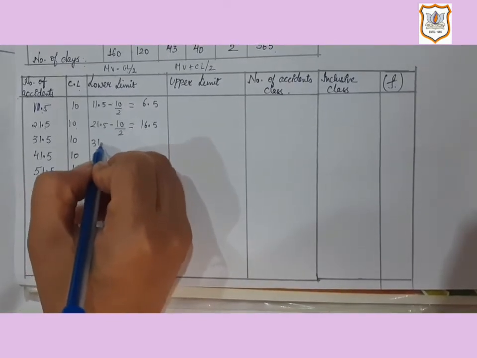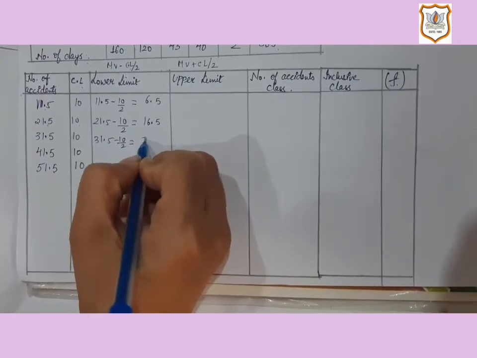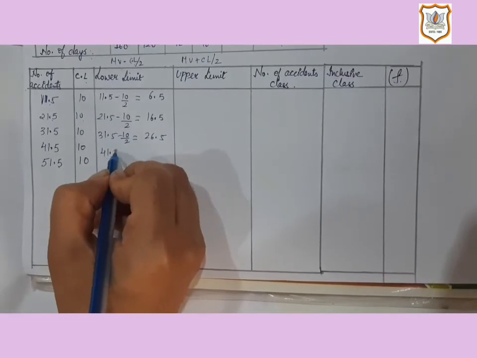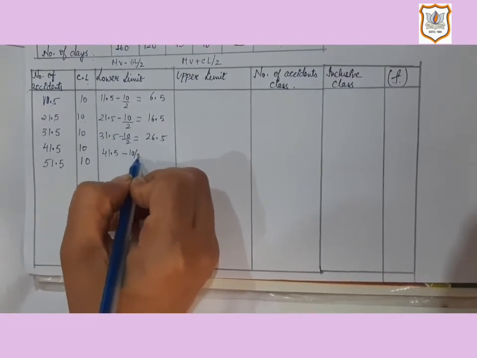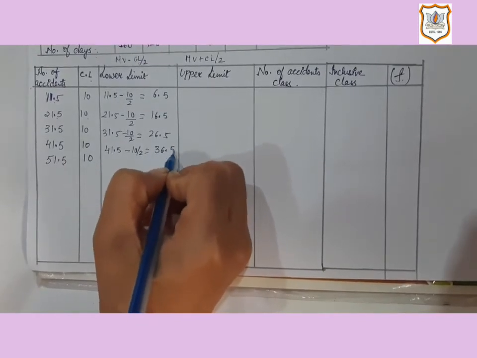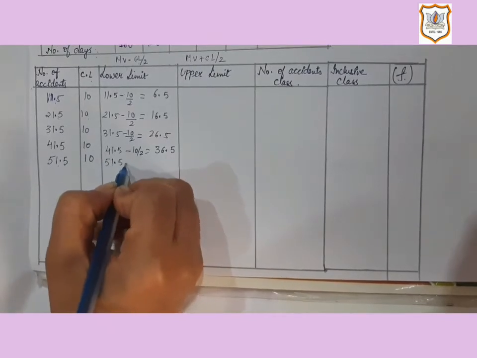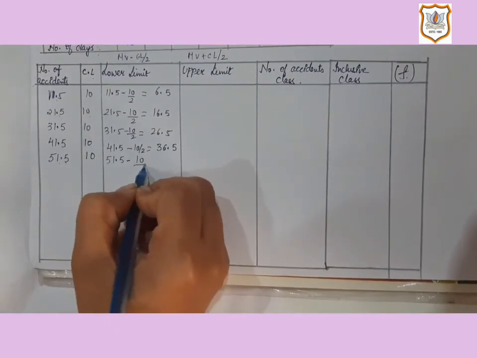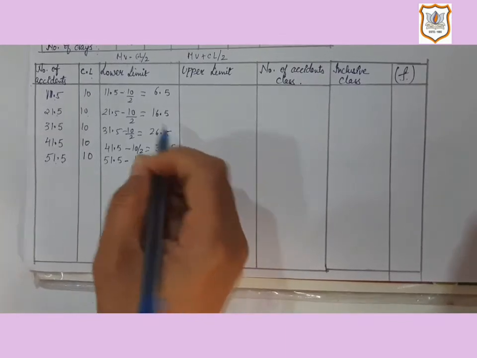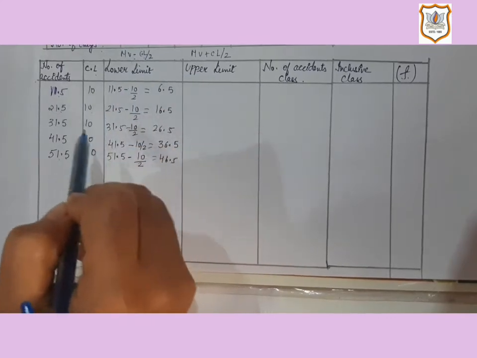Next is 31.5 minus 10 upon 2. The answer is 26.5. Next is 41.5 minus 10 by 2. The answer is 36.5. Last, mid value is 51.5 minus class length 10 upon 2 is equal to 46.5. So with the help of this formula, we have found the value of lower limit.